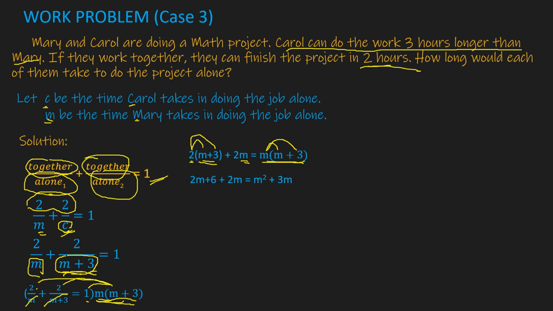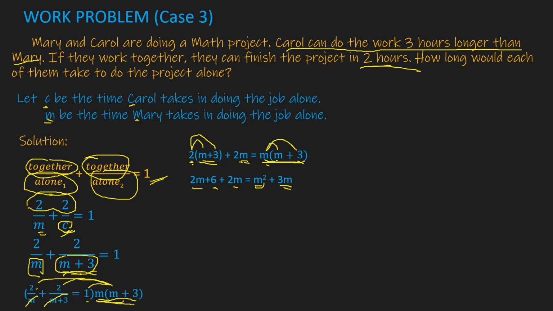So we have 2M plus 6, because 2 times M is 2M, and 2 times 3 is 6. 2 times M again, 2M, so just copy. M times M becomes M squared, and M times 3 becomes 3M.